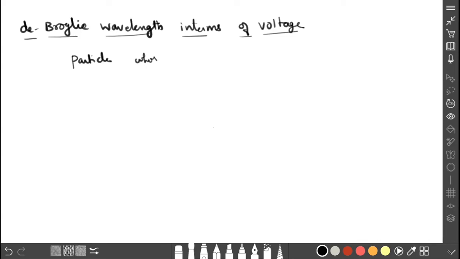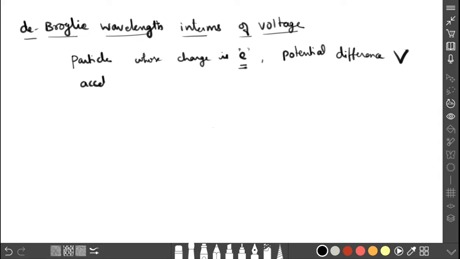This particle is accelerated by giving the potential difference. The potential difference given is capital V. So the particle, already having the charge e, gets accelerated, that is, it gets moving.